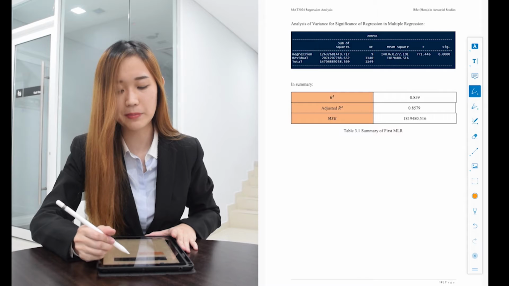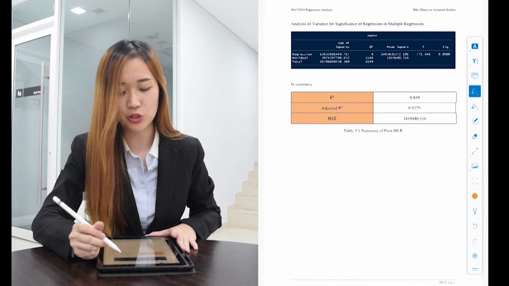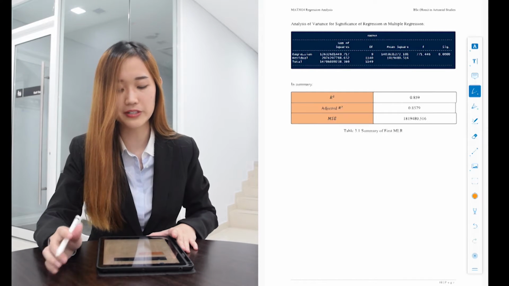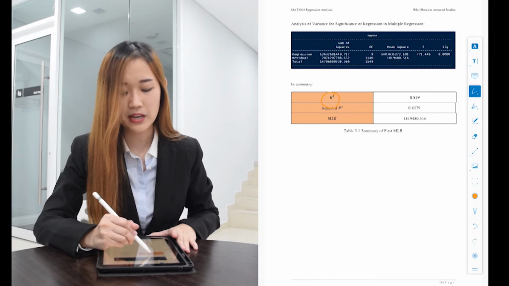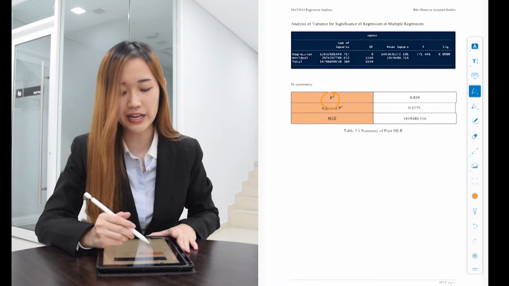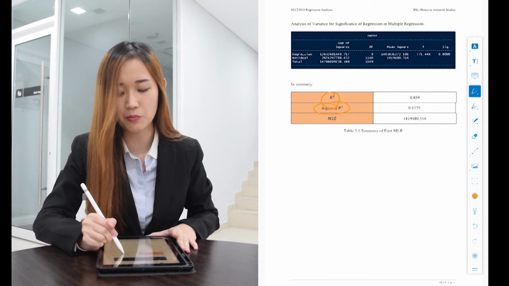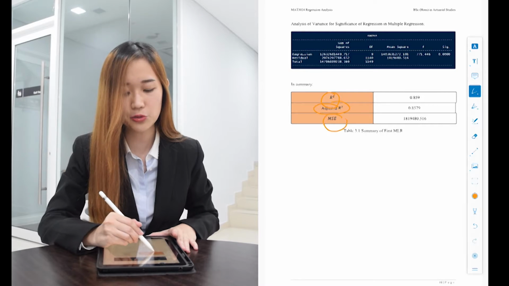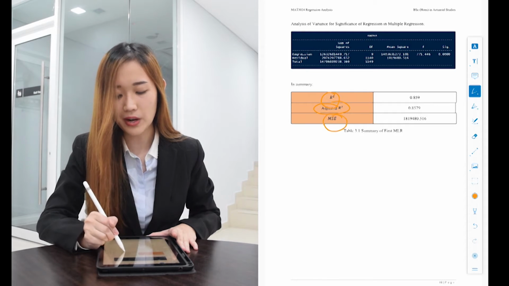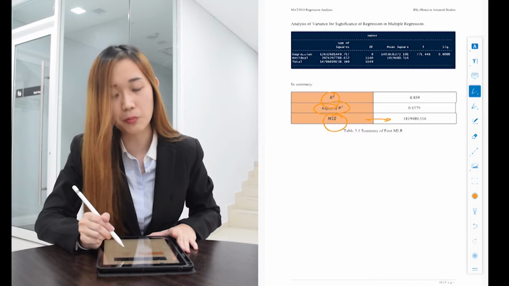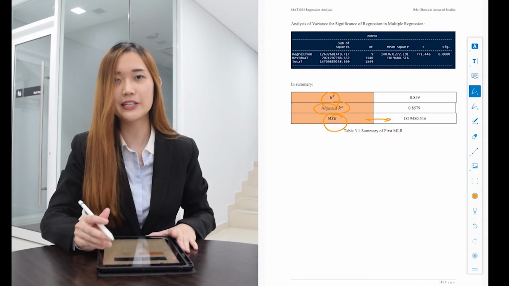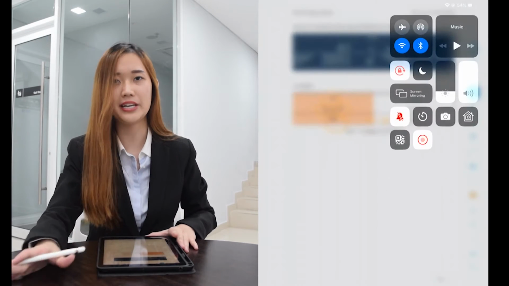The ANOVA table itself can be shown over here. In short, for the summary, the R square will be 0.859. The adjusted R square will be 0.8579. The mean square error itself will be 1819480.516. Thank you, Ms. Gan. I'll pass it to Xuanying.